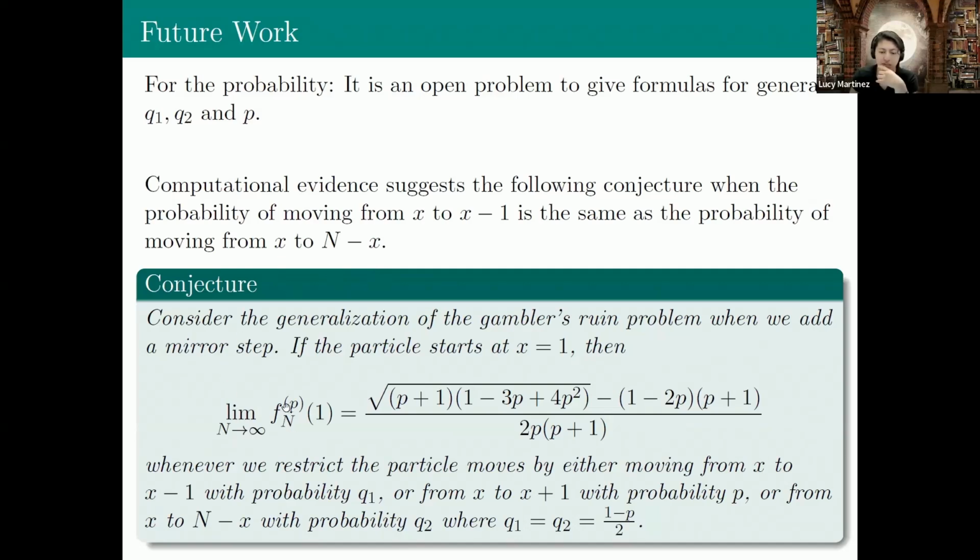This is the expression for the limit if the particle starts at x equal to 1, take n to go to infinity. This is what it converges to. Again, this is a conjecture. It hasn't been proven. Now you can see that it does get a little bit more involved than the one where x plus 1 and x minus 1 had the same probabilities.